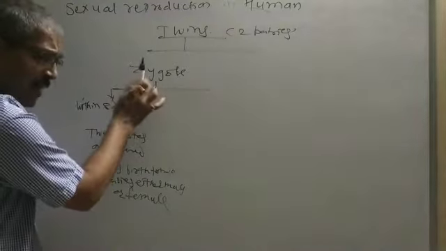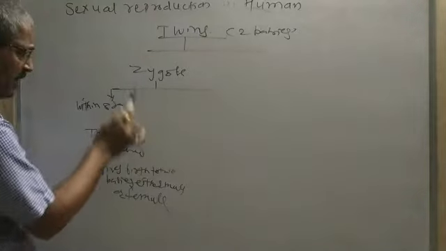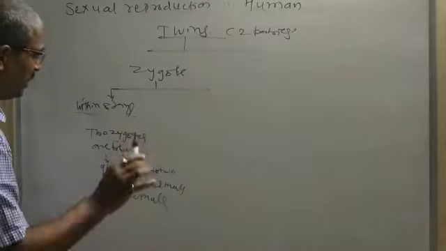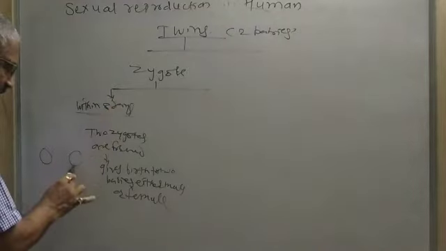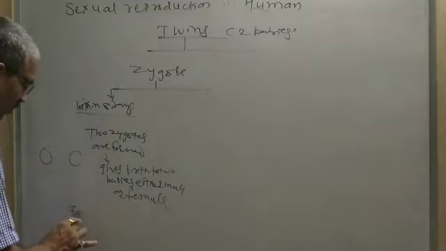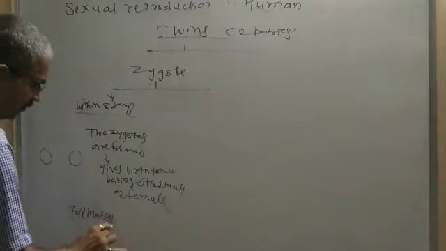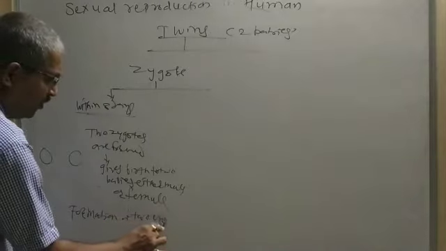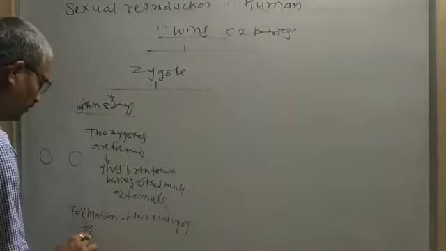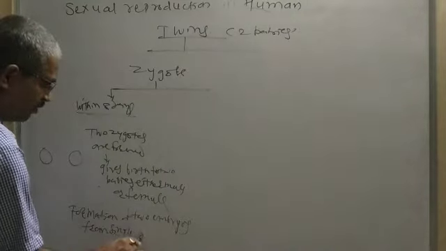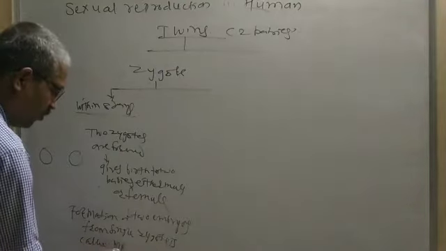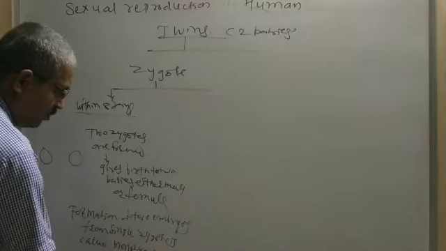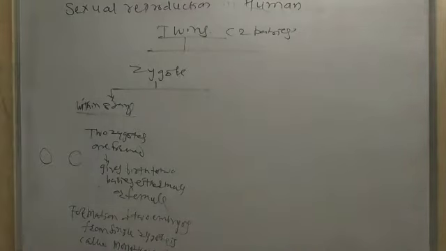But when the zygote, after fertilization, divides within 8 days, two embryos are formed. 2 embryos are formed from a single zygote. The formation of 2 embryos from a single zygote is called monozygotic twins.